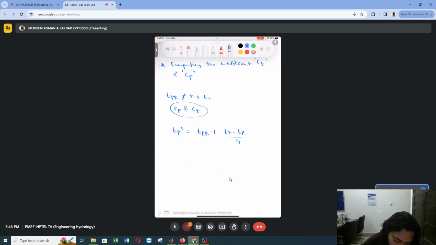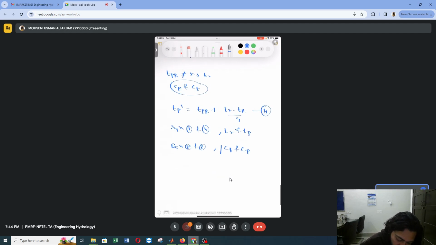Then the values of CT and CP can be computed using equations 2 and 3. Means we solve equations 1 and 4 to find TR and TP, and once we know them, using equations 2 and 3 we can calculate CT and CP, right?